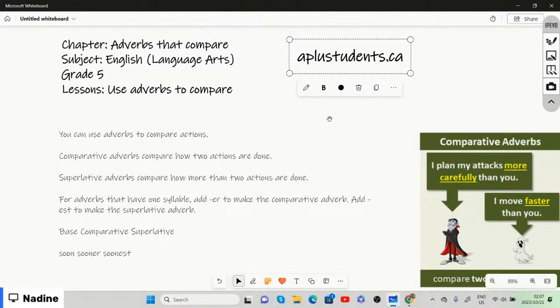All right, so now we're going to officially start with our lesson. You can use adverbs to compare actions, right? An adverb tells us more about the verb. It's almost like describing a verb.